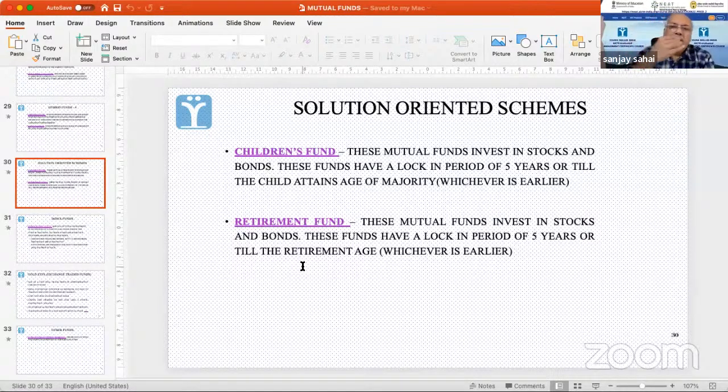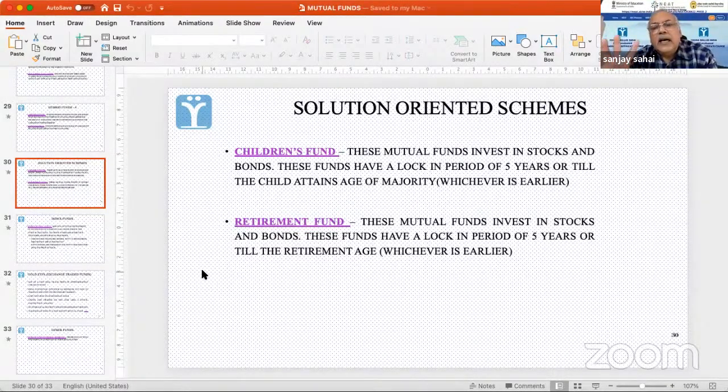If you click on the relevant tab on that site, you will find that there is a children's fund category, and within that category, there will be different schemes listed, of different sponsors. It could be HDFC, it could be Tata, ICICI Pru, any of them. There are retirement funds, children funds.